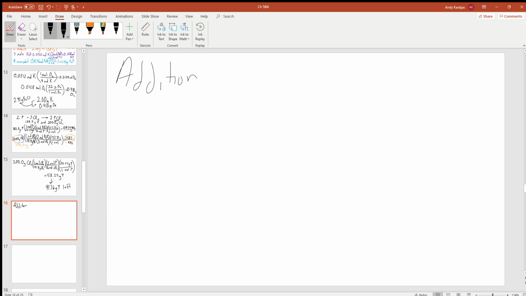We first have what's known as an addition reaction. In an addition reaction, two reactants combine to form a single product. That might look something like this: sodium metal plus chlorine gas.